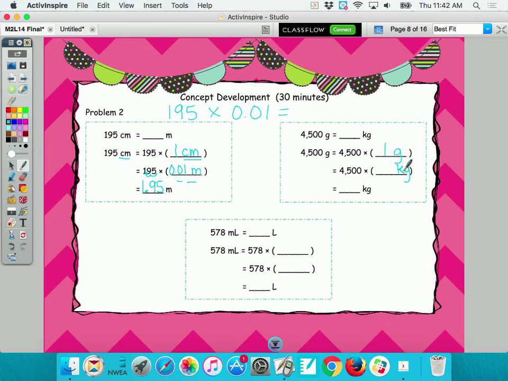Could we use what we did on the tape diagrams? Look at the milliliter one on the tape diagram. Don't we have 1,000 milliliters in a liter? So 1 milliliter was equal to 1/1,000 liters, right? This would be 1/1,000 kilograms.